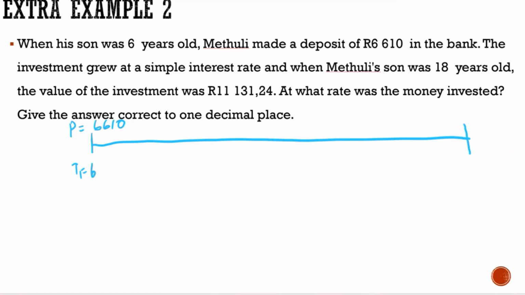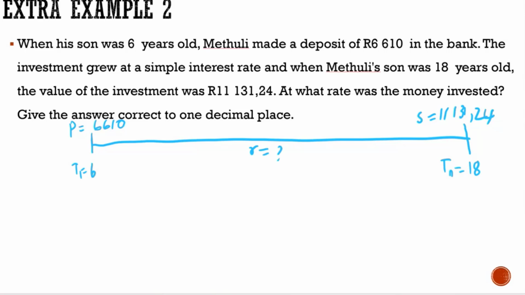So this is Tn, the son is equal to 18. Okay, and this is it has grown, it has accumulated. That means your S now is equal to 11,100. Okay, so what else are you asked to calculate here? You are asked to calculate your R.